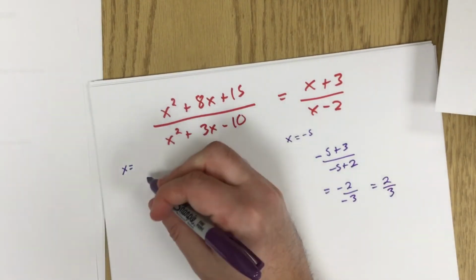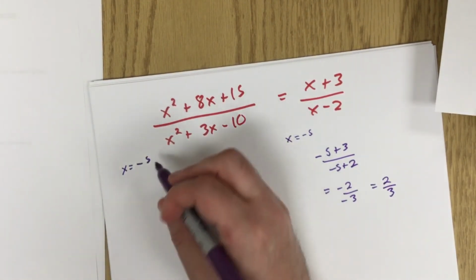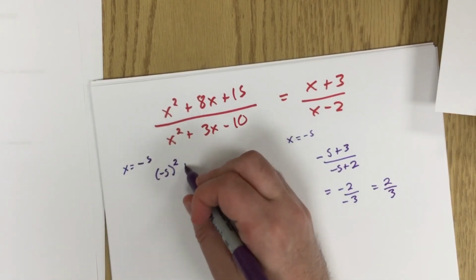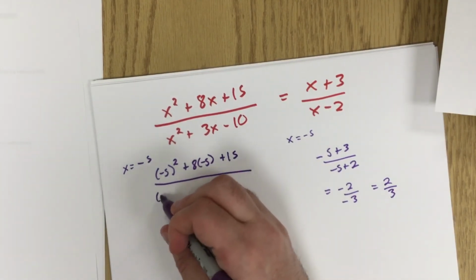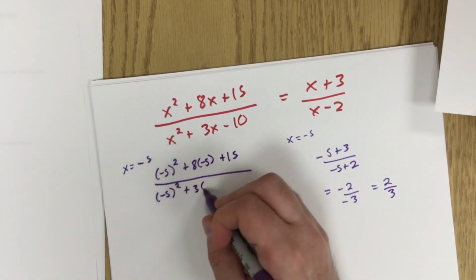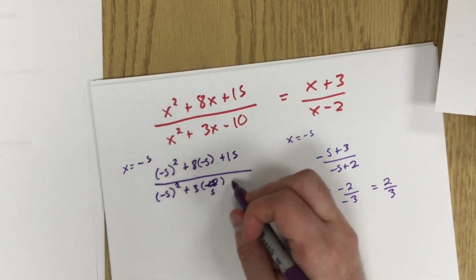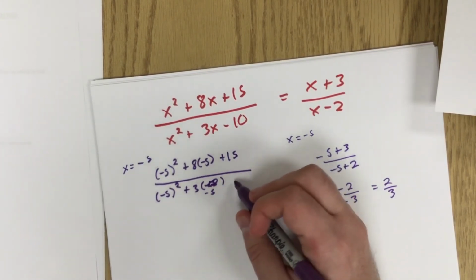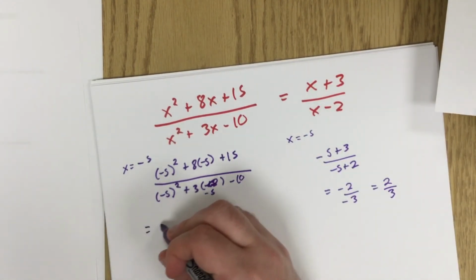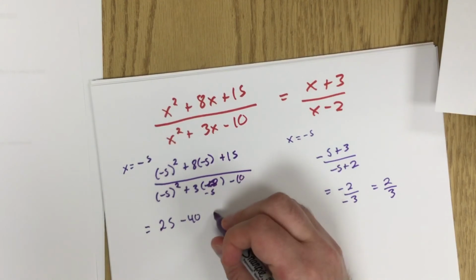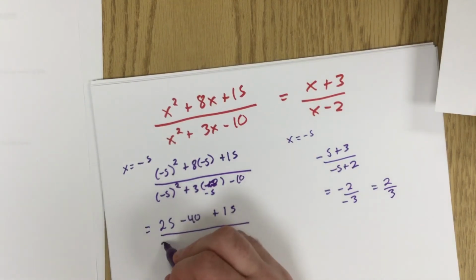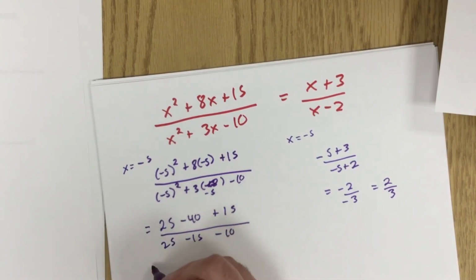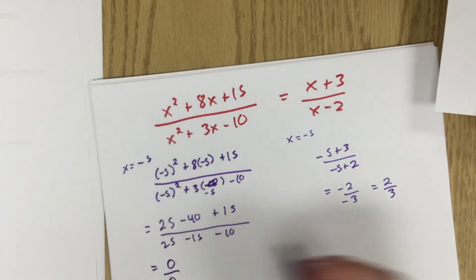So let's see what happens over here. If x is minus 5, we're going to have minus 5 squared plus 8 times minus 5 plus 15 over minus 5 squared plus 3 times minus 5 minus 10, which would be 25 minus 40 plus 15 over 25 minus 15 minus 10. 25 minus 40 is minus 15, plus 15, that's going to be 0, and over 0.